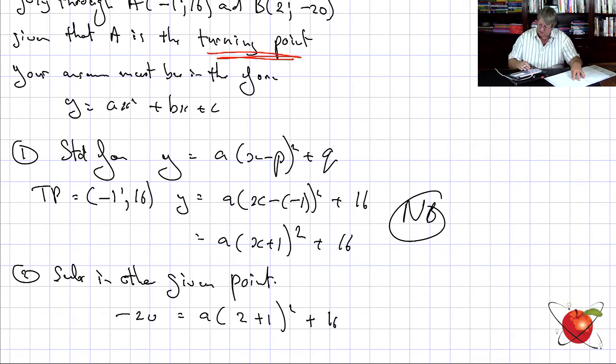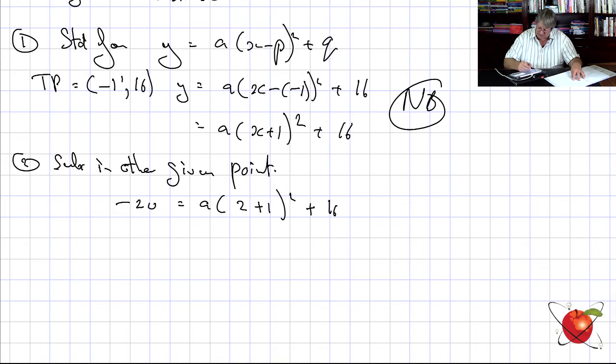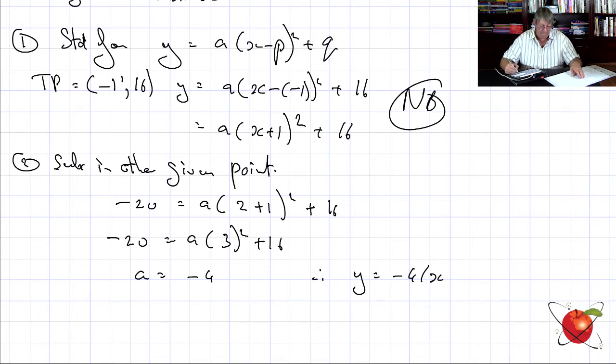Now I multiply this out, and I get minus 20 is equal to a times 3 squared plus 16. Do a little bit of rearrangement, and you get a equals minus 4. Therefore, y is minus 4 times x plus 1 all squared plus 16. They want it in the generic format.